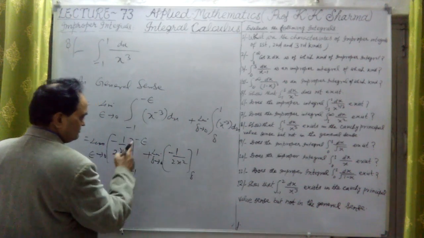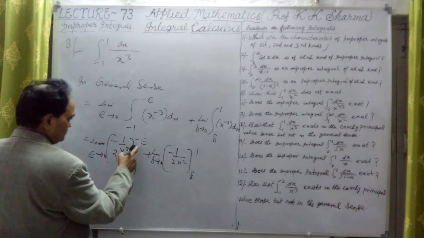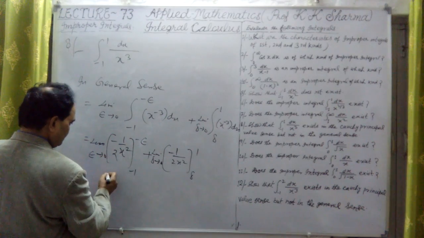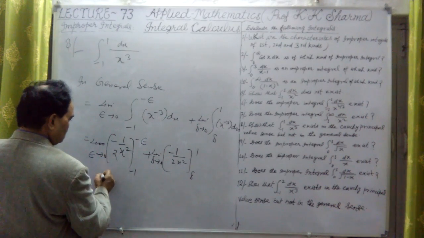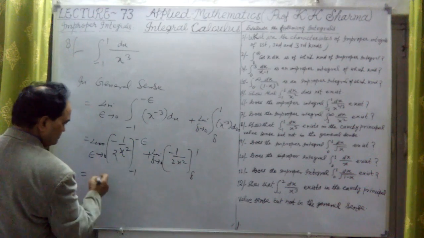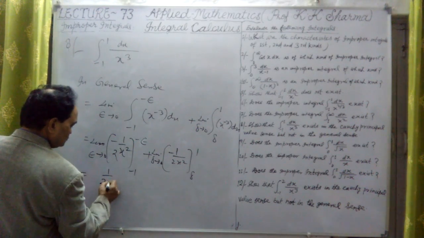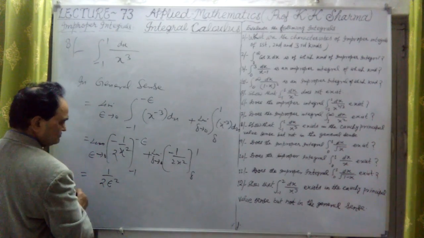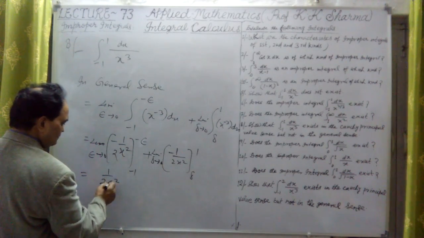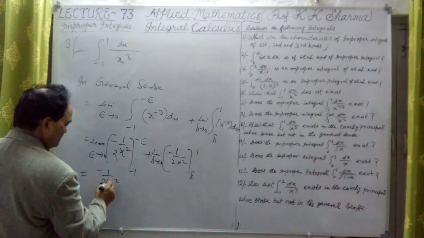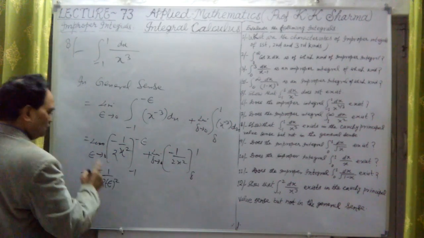But in the general sense, let me find the value of this. If I take minus epsilon, that means minus 1 upon 2 epsilon square, because we substitute minus epsilon, whole square.